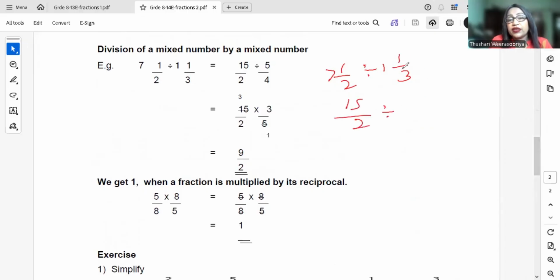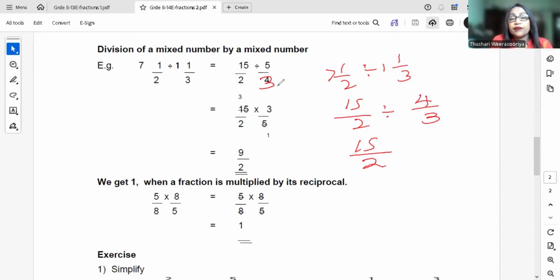Divided by 3 times 1, 3 plus 1, 4 over 3.